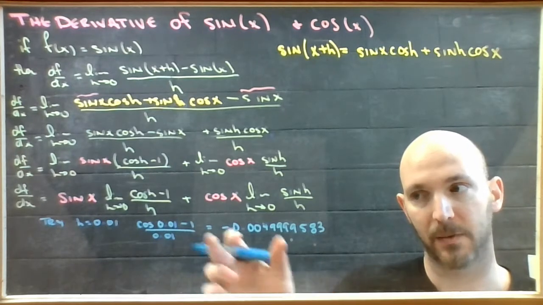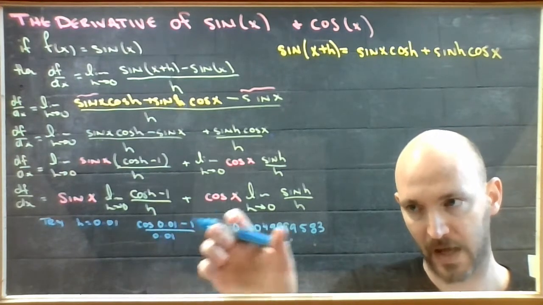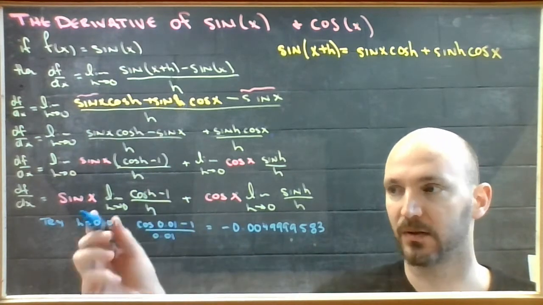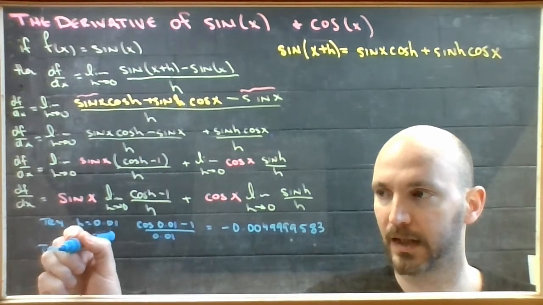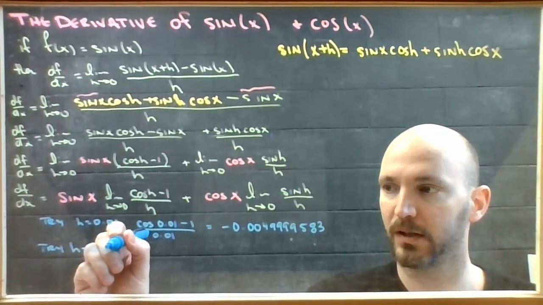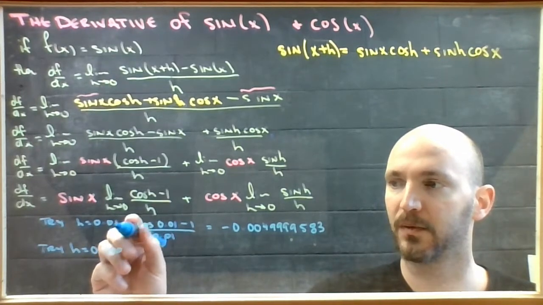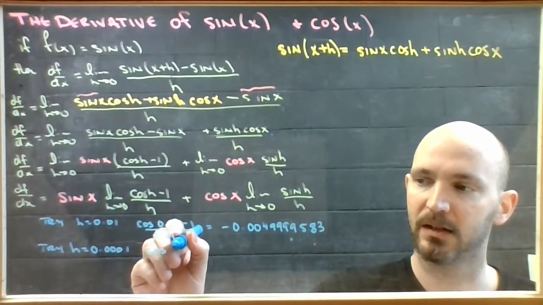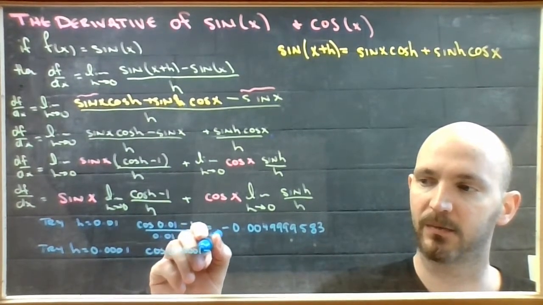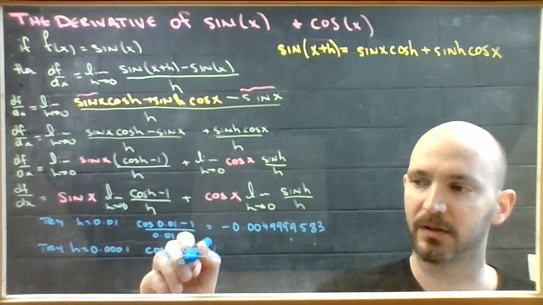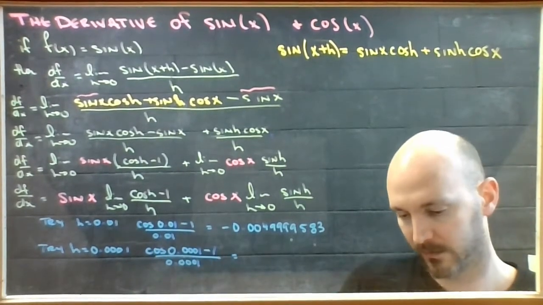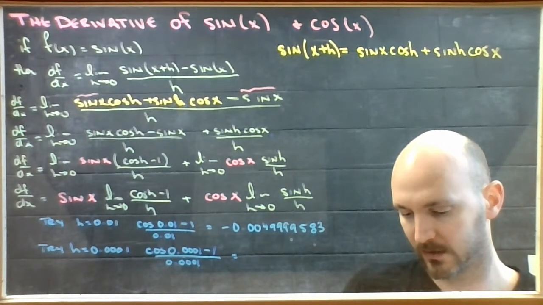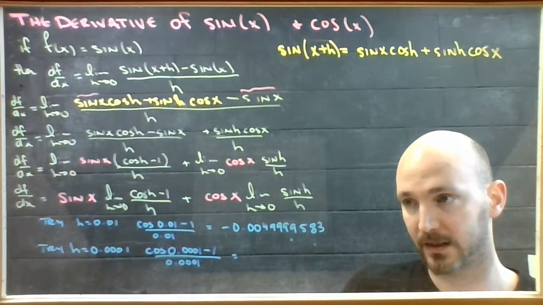As with all limits, I'm going to do this three times. If I can get a pattern forming in three attempts, then I will have a rough idea of where this limit is going. So I'm going to try the next one, even closer. h is 0.0001. I'll be typing in cosine of 0.0001 minus 1 over 0.0001. So cosine of 0.0001 equals 0.999999995.